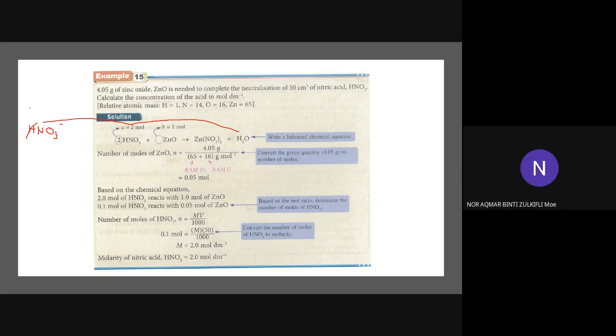Zinc oxide, oxygen already goes to here. So zinc, you need to remember zinc is 2 plus, right? Zinc 2 plus, cross with NO3 minus.